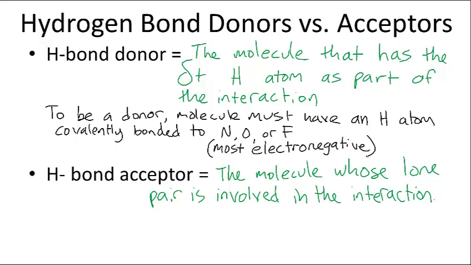All right, good. So next question is, because nitrogen, oxygen, and fluorine have different electronegativity, is there a difference in how strong the hydrogen bonds are? And the answer is yes. The more partially positive you make the hydrogen, the stronger the hydrogen bonding will be.